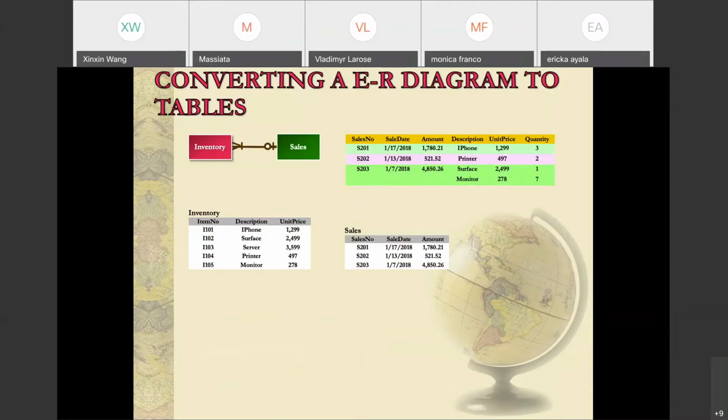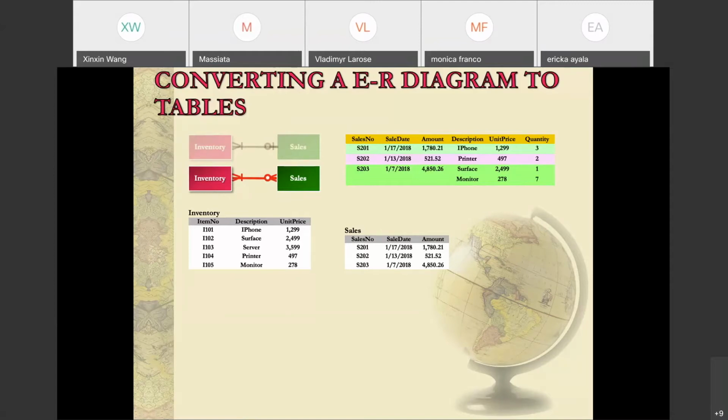So that can be a problem. So how do we resolve this problem? We treat this as many. Another example is inventory and sales, right? And again, we treat it as a many-to-many relationship.